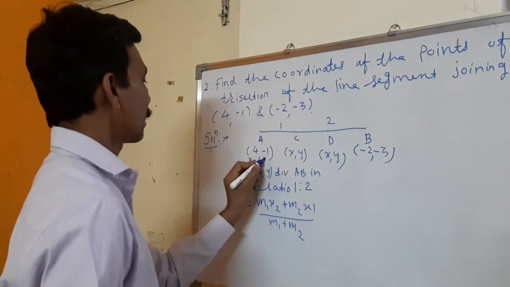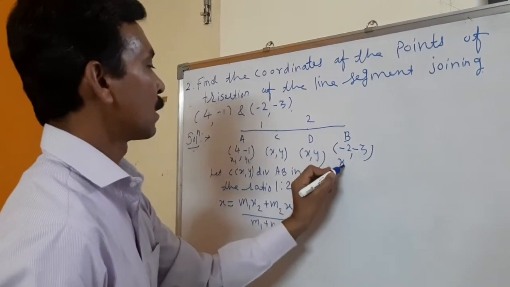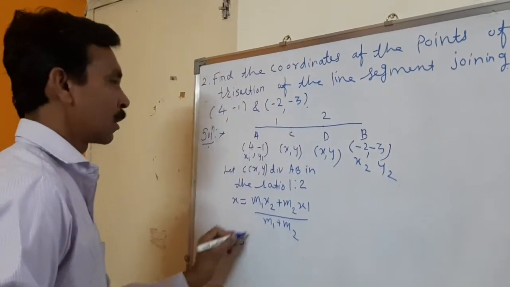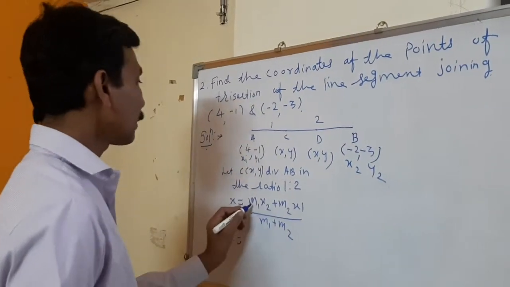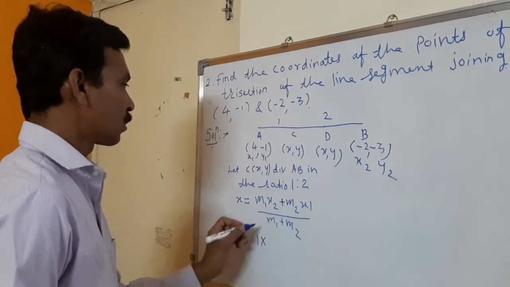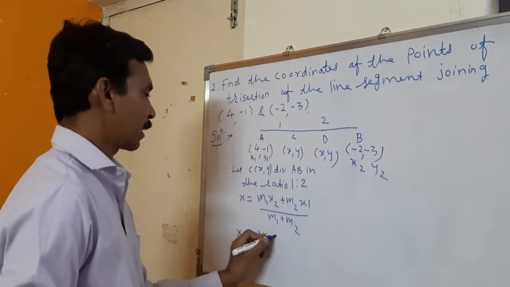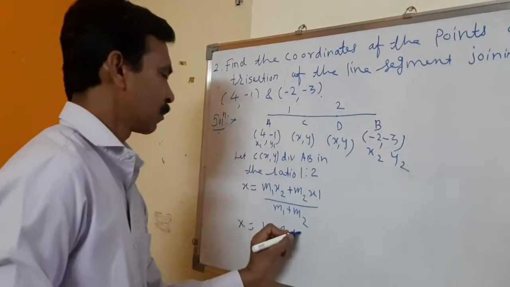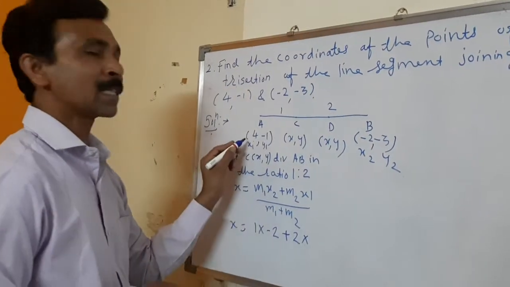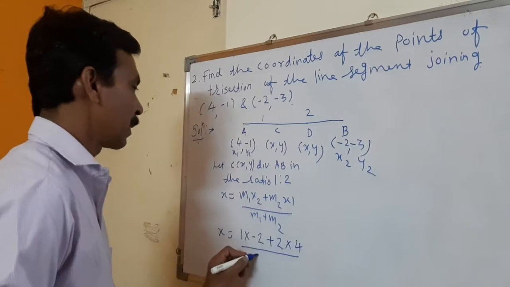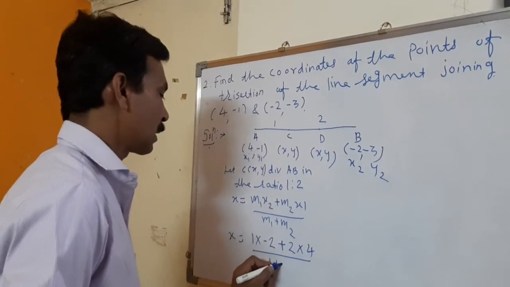This is x1, y1, this is x2, y2. x is equal to m1, what is m1? 1 into x2 which is -2, plus m2 which is 2 into x1 which is 4, upon m1 plus m2, that is 1 plus 2.